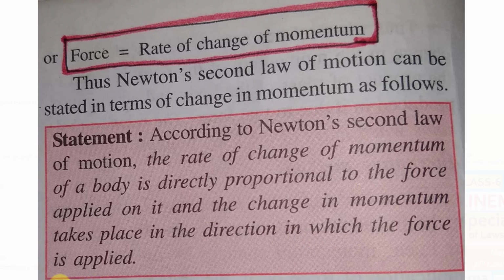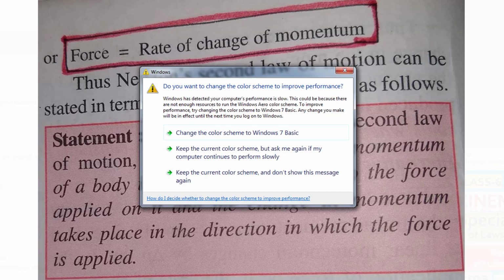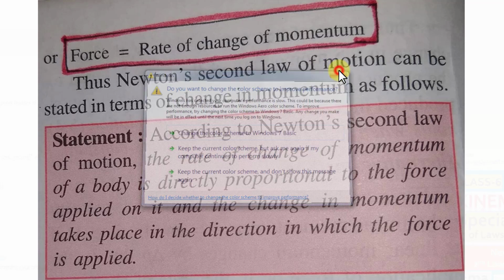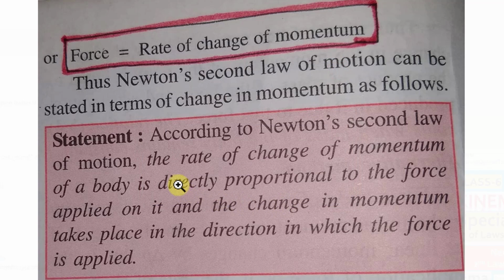Whenever force is applied on a body, velocity changes. If velocity changes, momentum will change, because momentum is equal to mass into velocity. So the rate of change of momentum is directly proportional to the force applied on it.